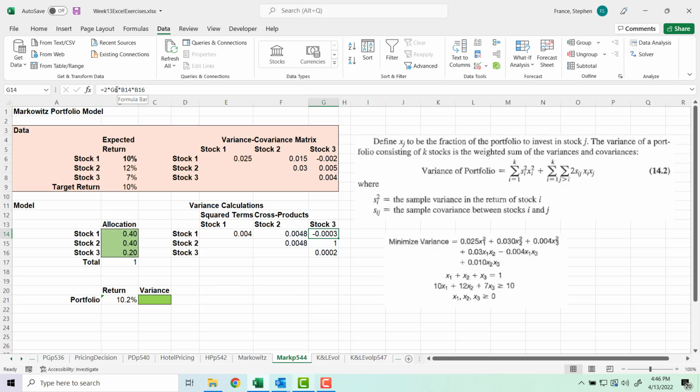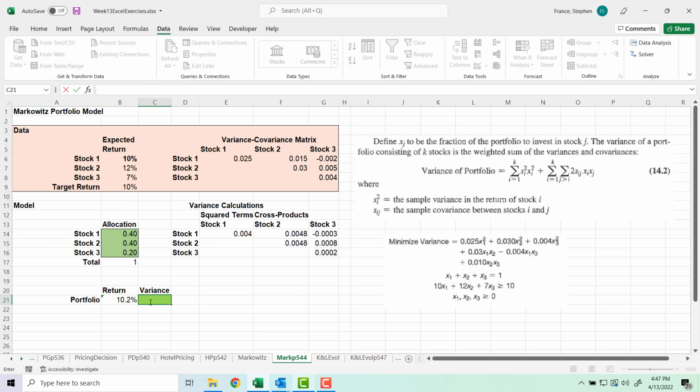And this is both x1 and x3. And this one has x1 and x2. And the final one is x2 and x3. So it's equal to 2 times this value times the proportion in 2 times the proportion in 3.